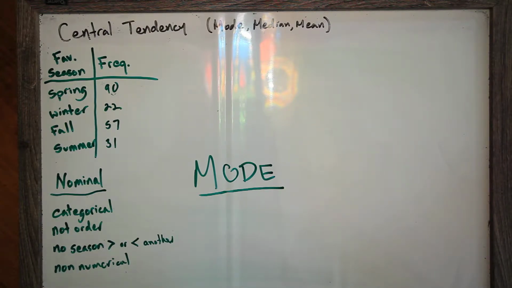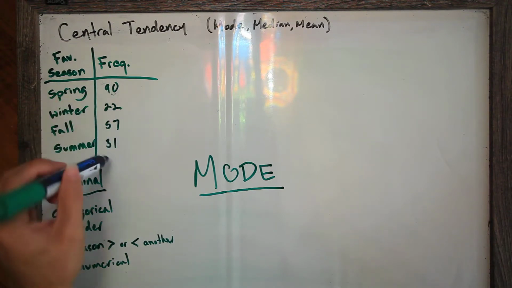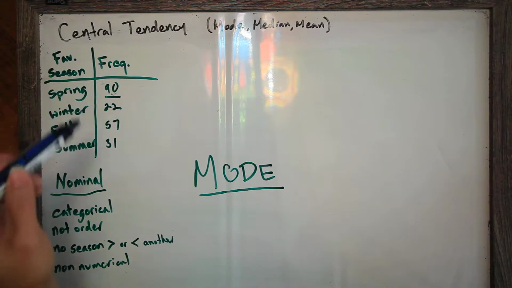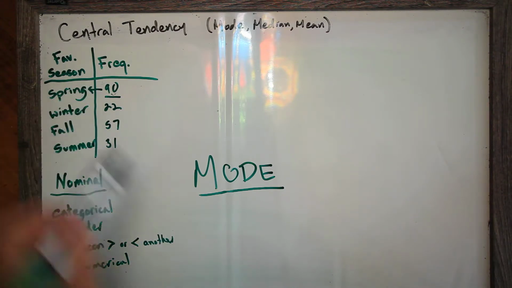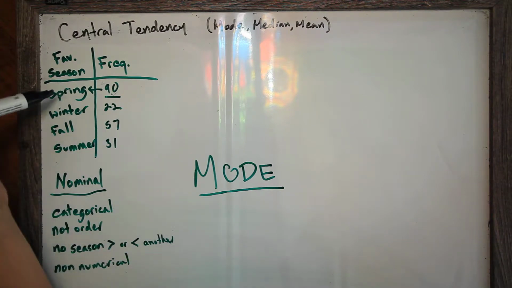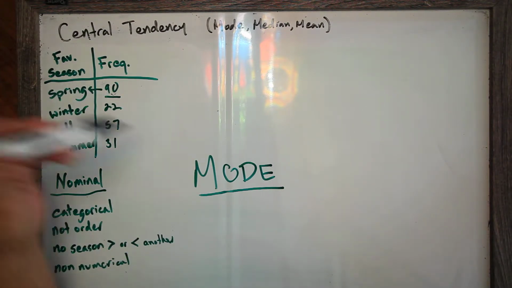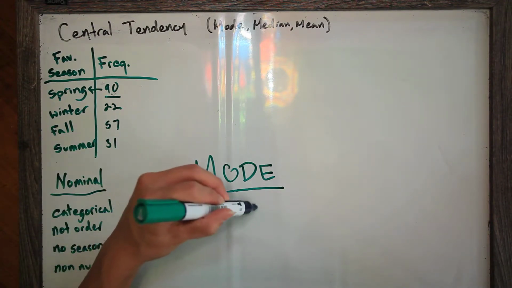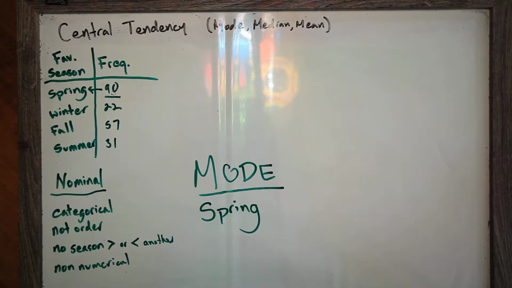All you have to do is find the frequency that occurs the most, which is, in this case, 90, and then look at the corresponding category. So, because the highest frequency is 90, the mode is the category that corresponds to the highest frequency, and that is spring. So, in this sample, spring is the modal category. It is the season that was chosen the most.